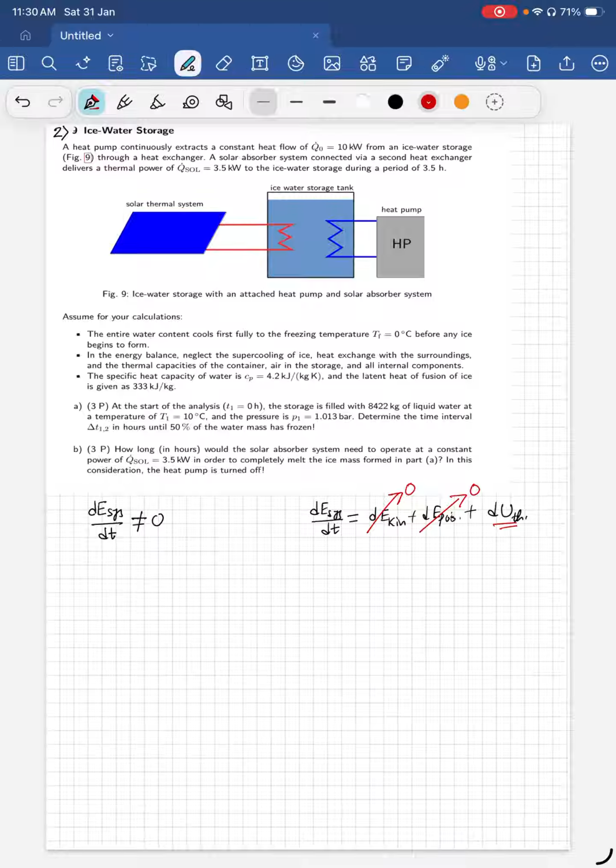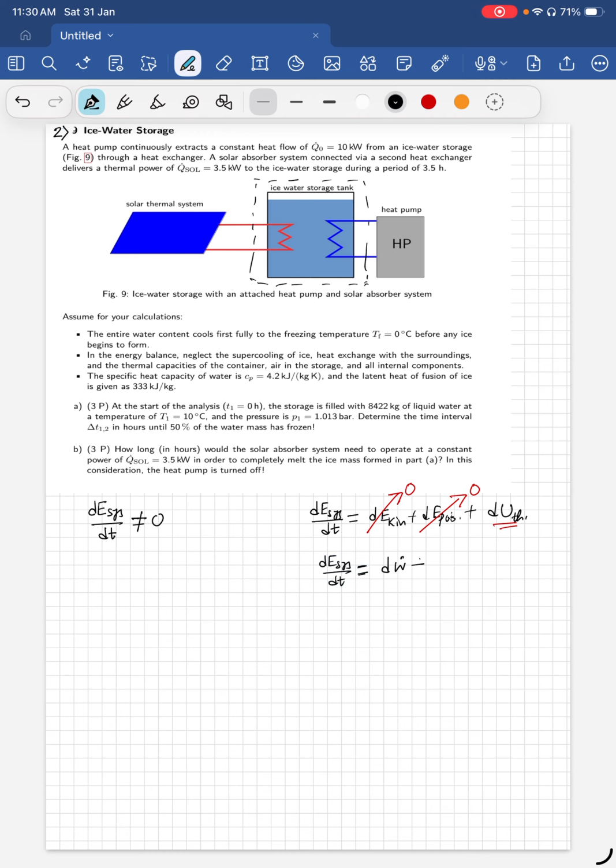And here I hope that you already understood what our main control system is. I am going to mark it. The main control system will be the ice water storage tank system. So this is our main system. And now I am going to write down the energy balance equation of unsteady state on the system.